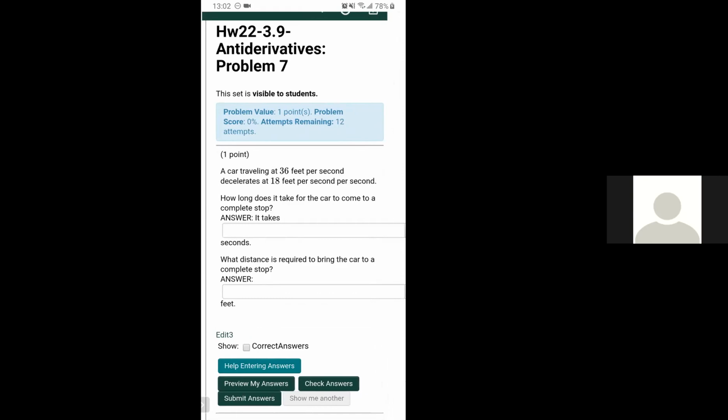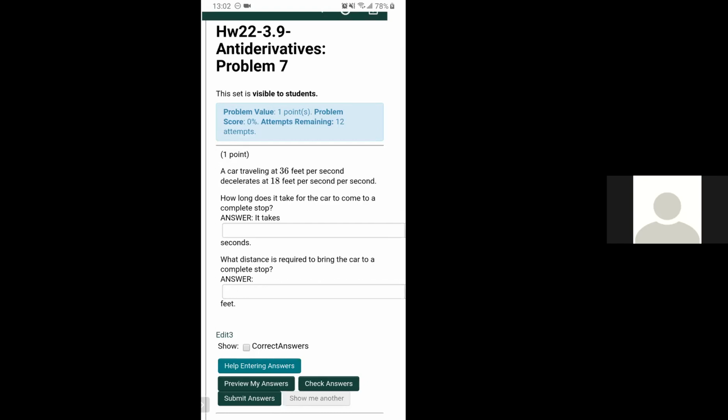It says that the velocity is 36 feet per second and the acceleration is 18 feet per second per second. Well, it's actually negative 18, right? Because it's decelerating. It doesn't say which one is the constant, but you should keep in mind that the acceleration is the constant here. I think it's implicit in the question, but it doesn't say that.